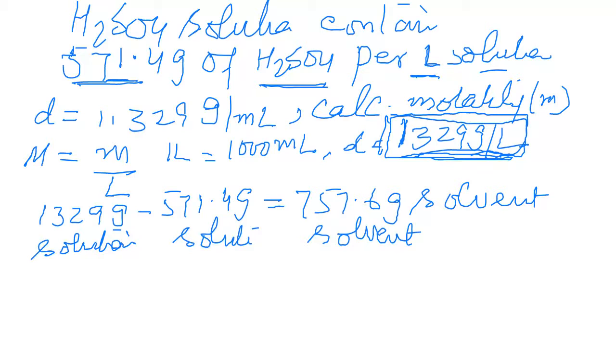And now we should have kilogram, because the formula of molality is moles per kilogram of solvent, right? So moles per kilogram of the solvent, we don't have the moles. What do we do?